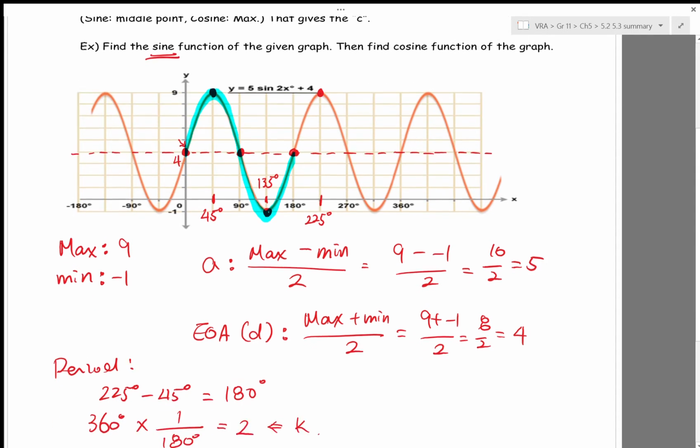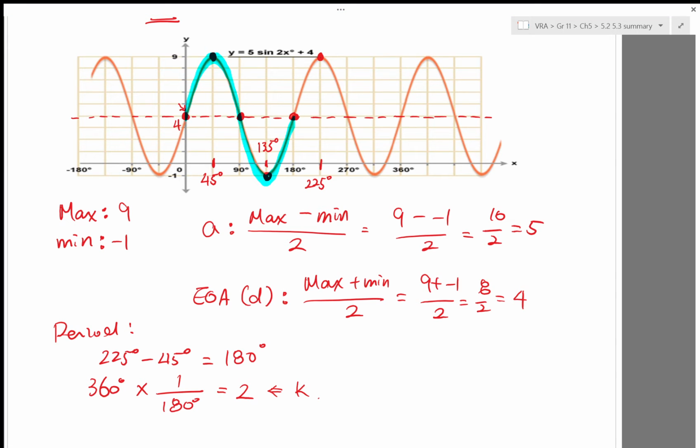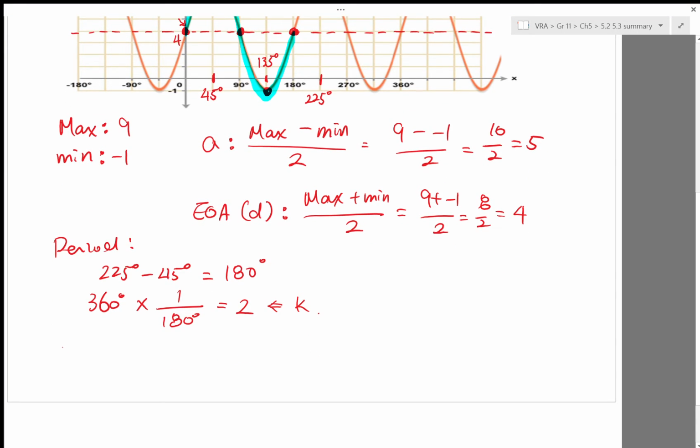In this case, my graph is starting at 0, so my C is 0. So therefore, by putting everything together, I can say it's 5 sine 2 x minus 0, so I'll just put x, and then plus 4. So this can be our graph, or the equation of the graph.